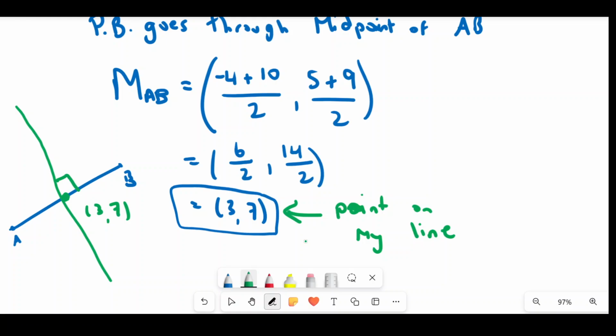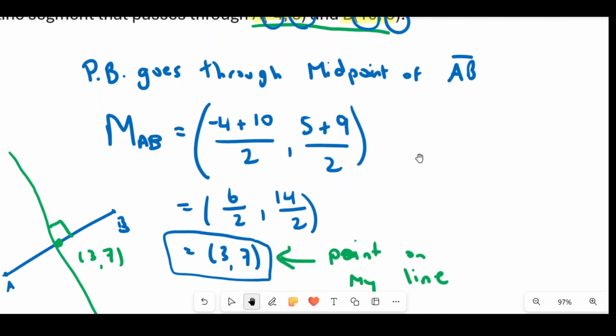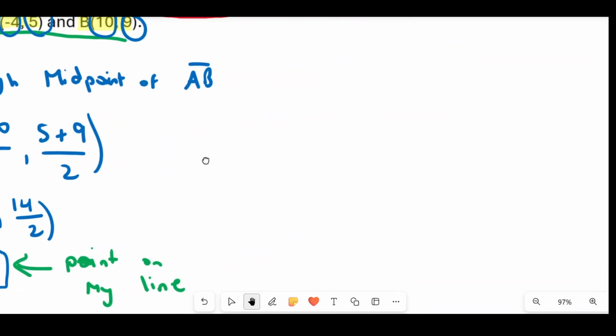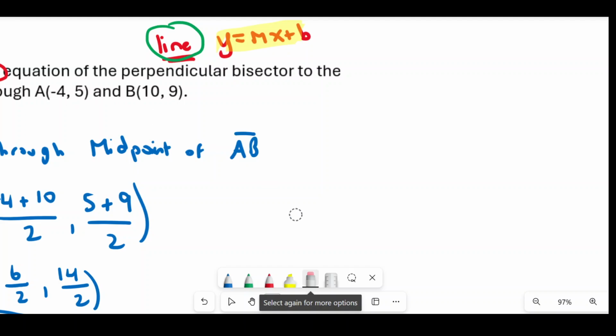Okay, so slope. How do we find the slope of this line? Well, again, it's a perpendicular bisector, which means that it's perpendicular to the line segment. So if I can find the slope of the line segment, then I can use that information to find the slope of my line. So let me clear up some room here.